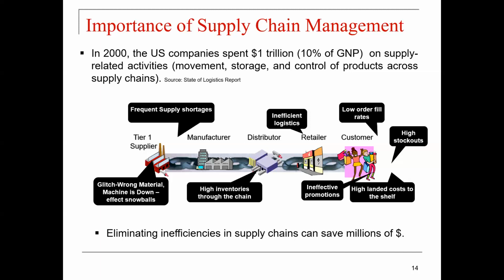Ineffective promotions also, that's in terms of marketing. If the customer is not informed about the product, how can they get the information they need to make a decision at the time of purchasing? So eliminating inefficiencies in supply chains can save millions of dollars.